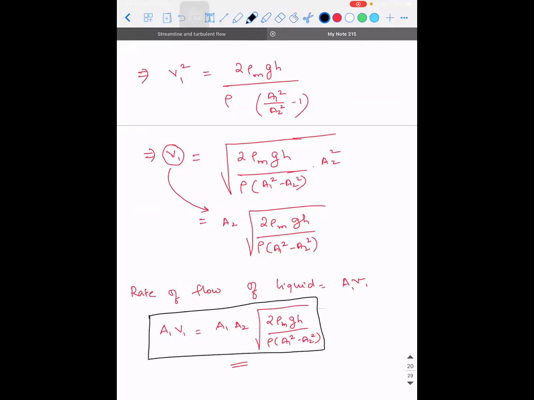through a Venturi meter. Don't worry, problems will not be asked based on this. This derivation might come. They will not ask you any problems.